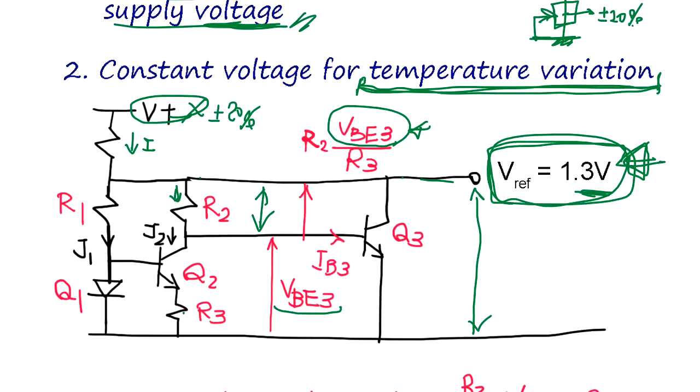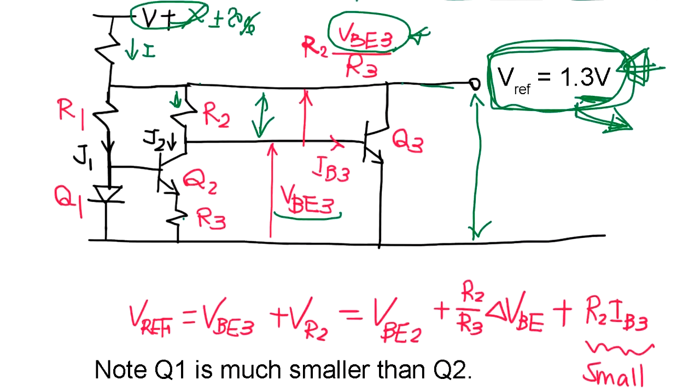But the problem is when temperature changes, this voltage may change. Okay, so how do we avoid that? And the band gap circuit, this famous circuit, addresses that problem. How does it address that problem? Well, first of all, the reference is VBE3 plus VR2. Okay, so VBE3 is this voltage, right?